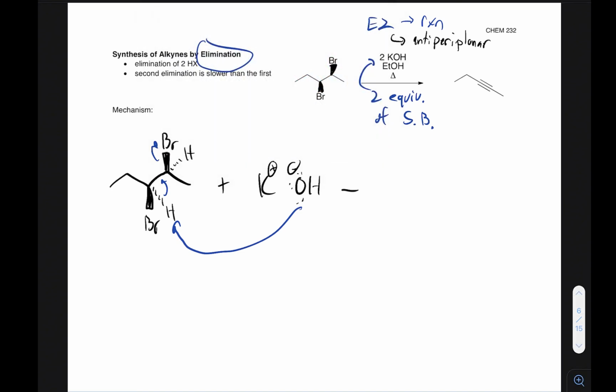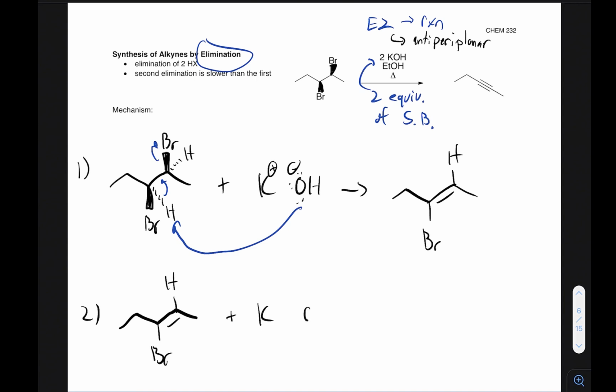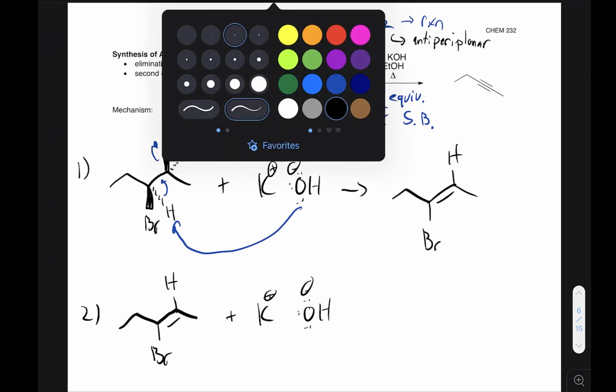And so this intermediate here will be the following, with our alkene getting generated. This molecule flattens out. There's no longer wedges or dashes, we just have this planar molecule. And so for the next step of the reaction, we're going to say step 1, step 2, we're going to use a second equivalent of that KOH to attack the hydrogen here.